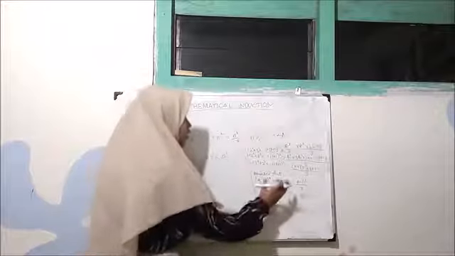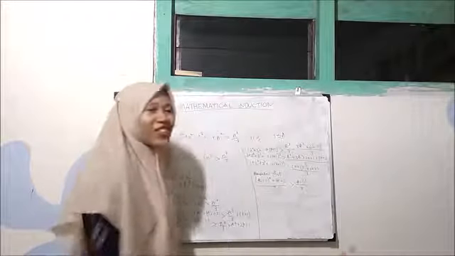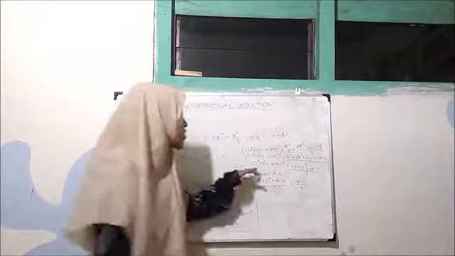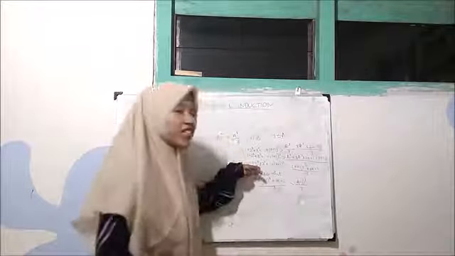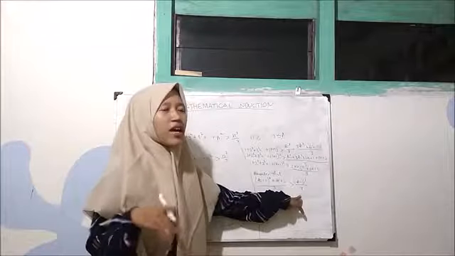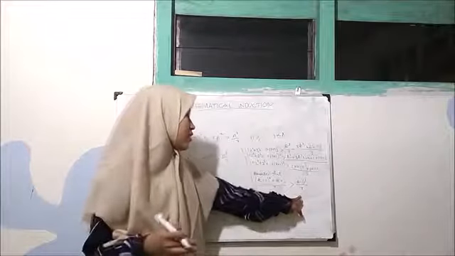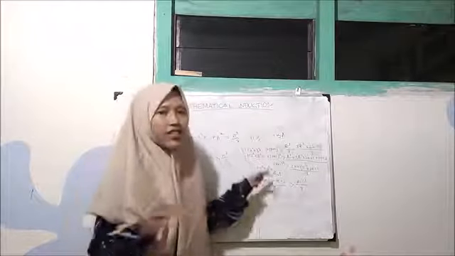Because this one is greater than this one and this one is greater than this one, do you understand what I mean? Suppose it is a and it is b and it is c, a is greater than b and b is greater than c, by transitivity we get a is greater than c.